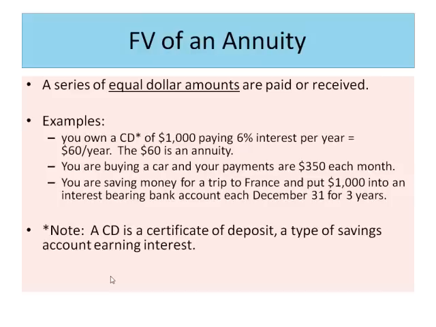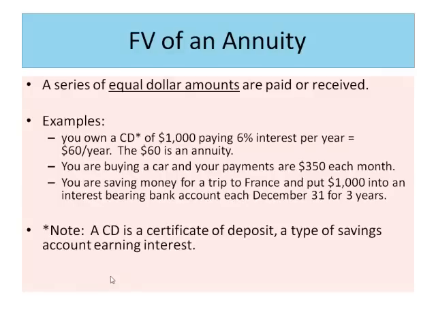For example, let's say you're 60 years old and you have all your money in CDs, certificates of deposit, a type of savings account, and one particular CD has $1,000 and it pays 6% interest per year, or $60 a year. The $60 is your annuity. Okay, another example. You buy a car and your payments are $350 each month. The $350 are your annuity.